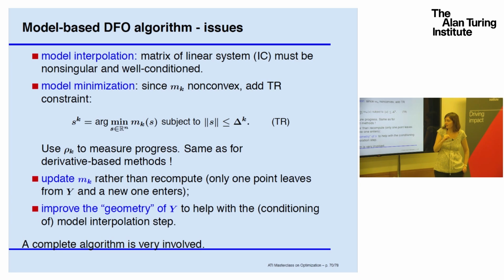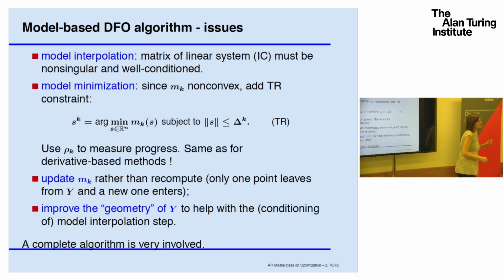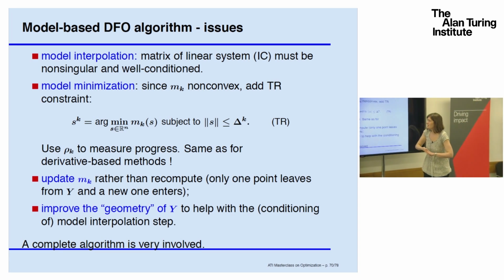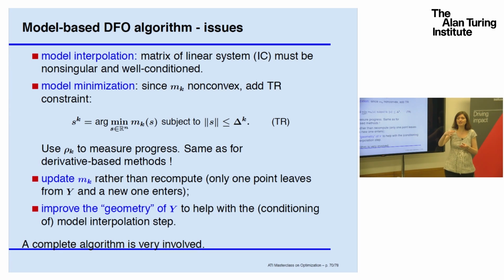All right. Now, we have some issues here that are not the same as before. We can have steps where the model is not so bad, but it's degenerate. Let's say I've taken a step where I have not made much progress in f. In derivative-free methods, I will not know whether this lack of progress was because I've gone too far with my step, or because I don't have a good model from the point of view of geometry.